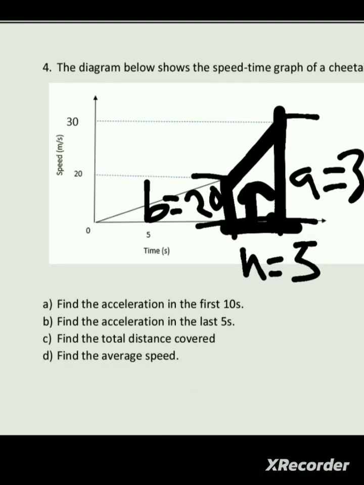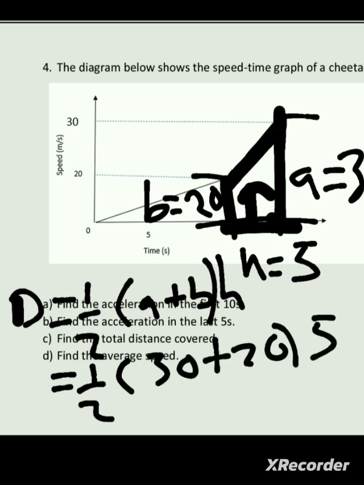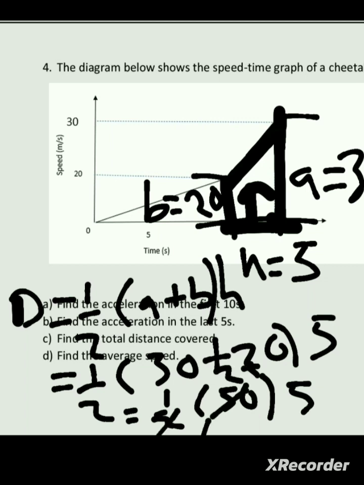The formula we know for the distance of the trapezium is half (a plus b) h. So it's half, what is a? A is 30. What is b? B is 20. What is h? H is 5. So it's half of 30 plus 20, which is 50. 2 into 50 is 25.